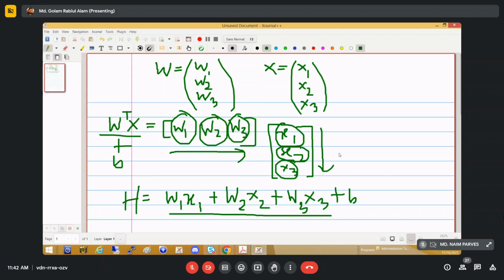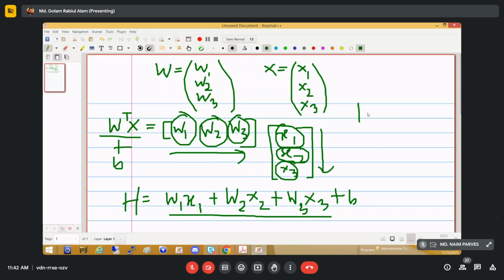So that's why usually we write the hyperplane equation as just W transpose X plus B. So this is the equation of our hyperplane. That means the support vector machine will try to find out this kind of plane, that is W transpose X plus B.